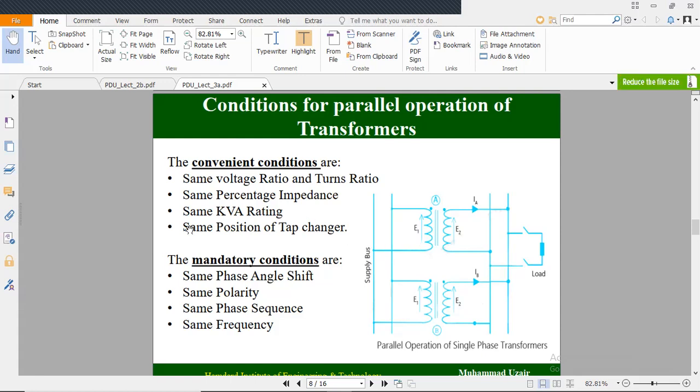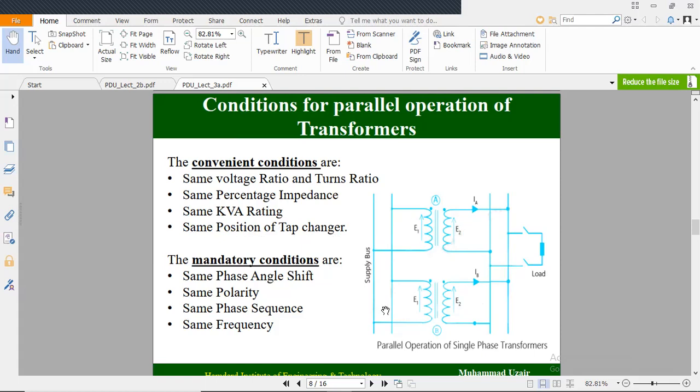Same position of tap changer: the tap changer position should be the same. Tap changing means, as an example, there are sections of tap changing that you place in the transformer winding.